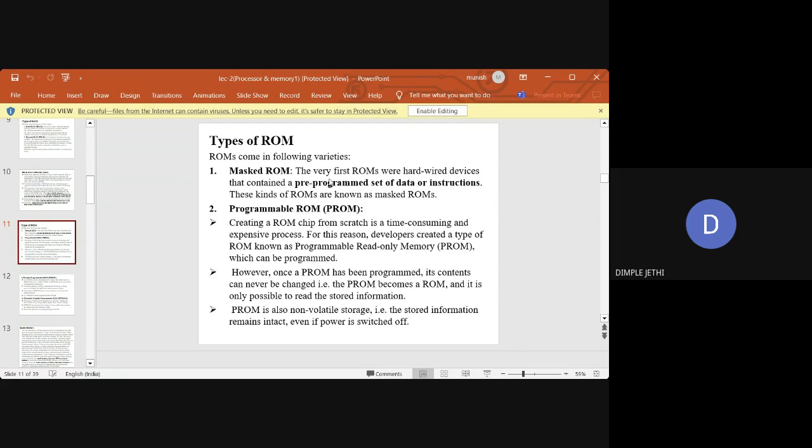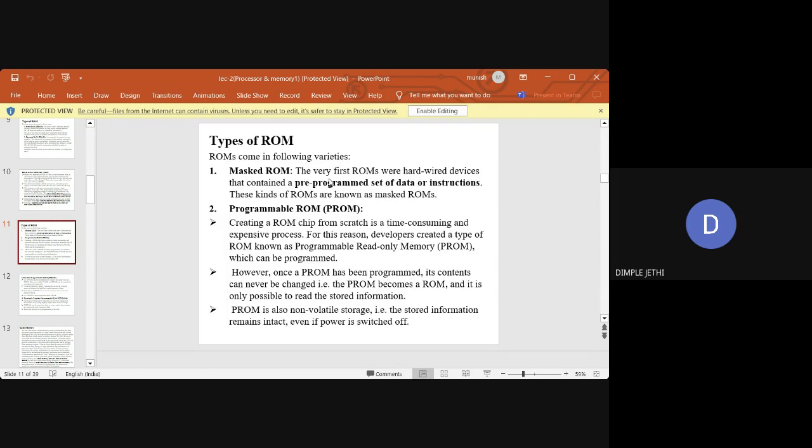You can call it masked ROM because those instructions are hardwired on the circuits in the ROM chip, since we know that nobody will alter them. Nobody is going to change that chip or the circuit made on it. So this is masked ROM, which we normally call read only memory.